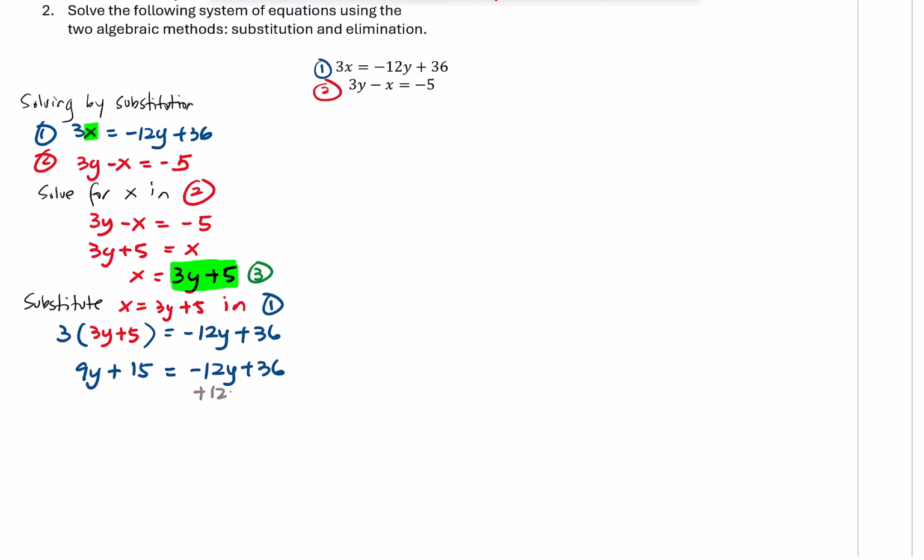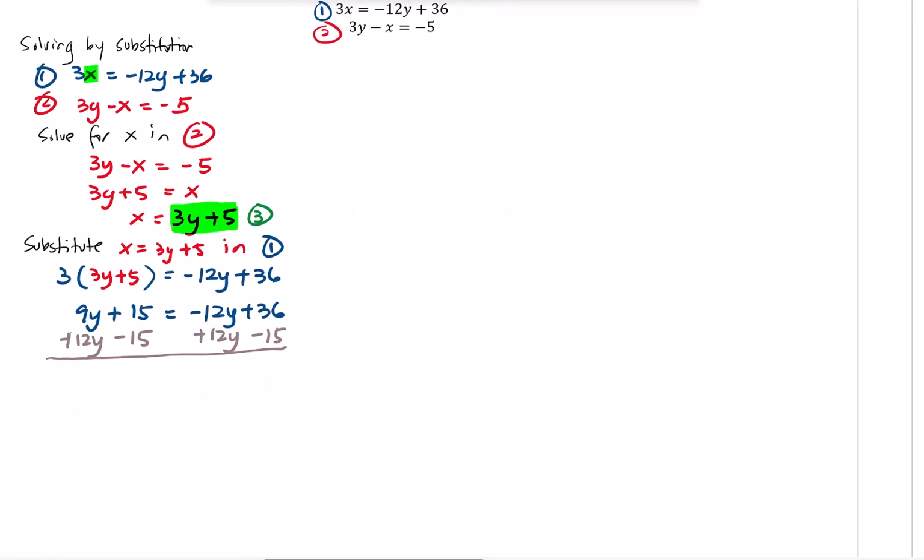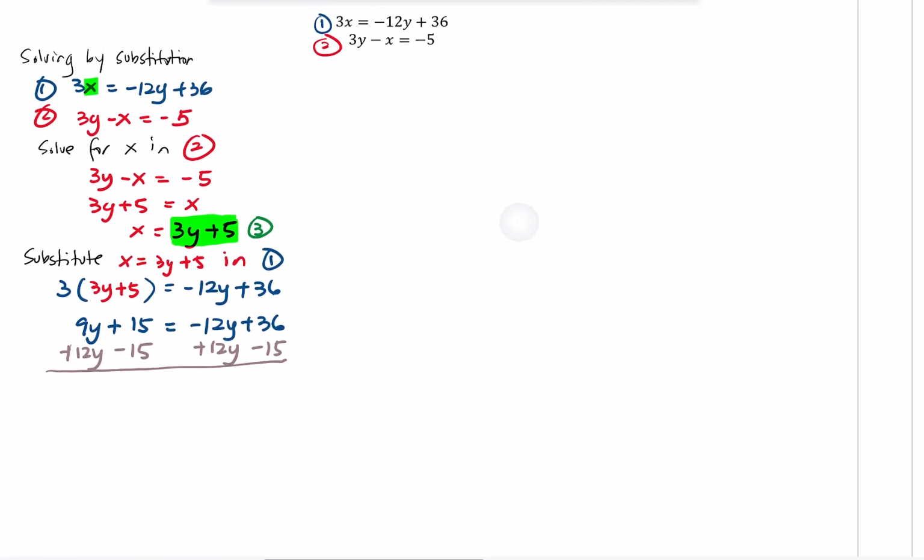Let's add 12y here and add 12y on this side, and let's also subtract 15 and subtract 15 so that we could just isolate the y on the left side of the equation and the constants on the right side of the equation.